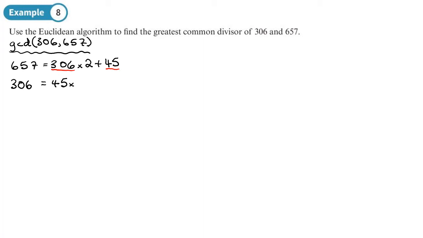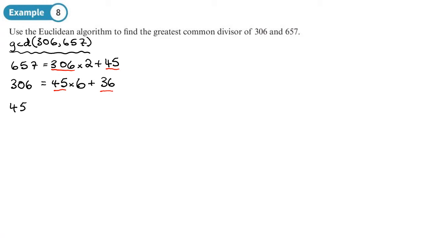Can I get 7 lots? No, so 6 lots. So if it's 270, that leaves a remainder of 36. So these two numbers get shifted across. We do the same thing again.